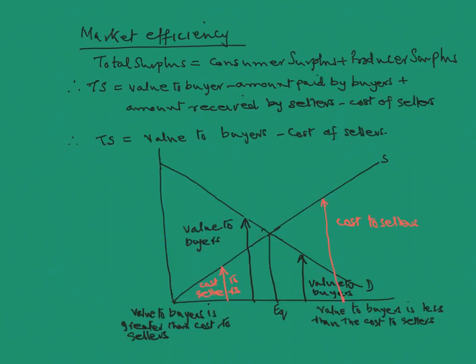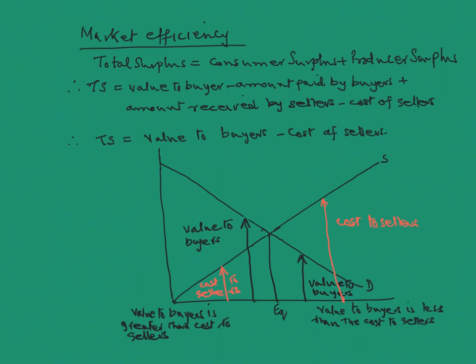We measure economic well-being with total surplus. That is the sum of consumer and producer surplus. Total surplus is the area below the demand curve and above the supply curve.